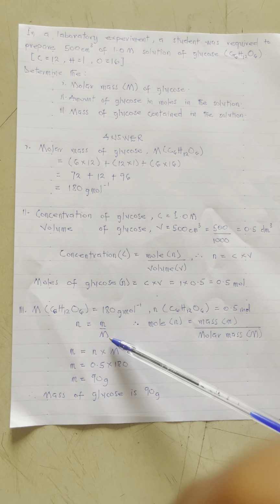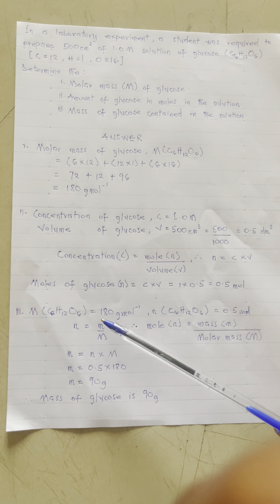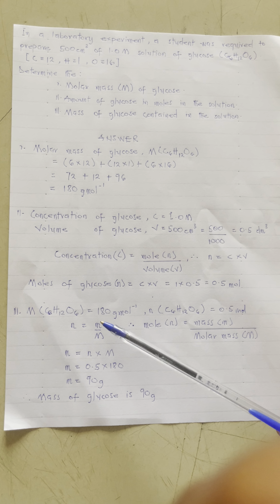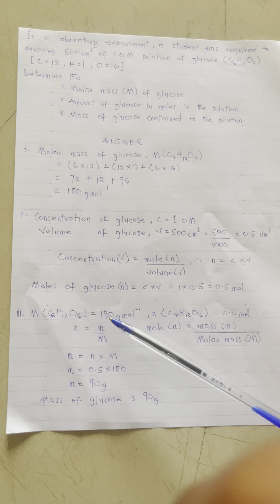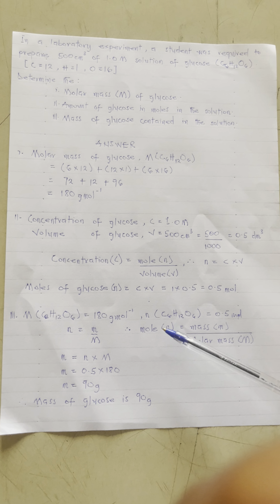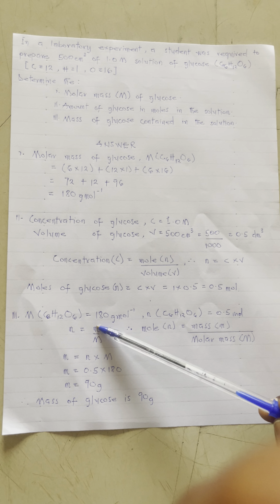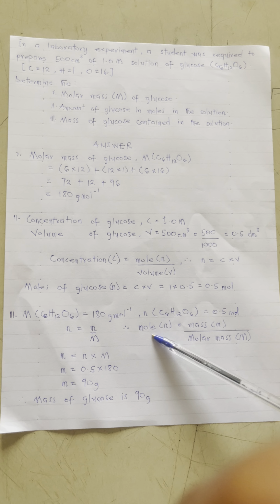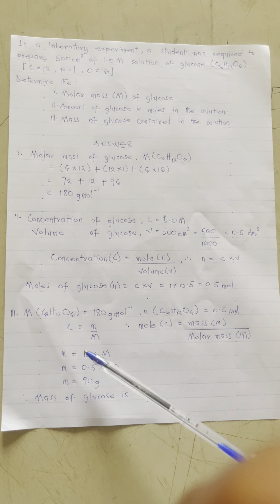And this formula, we can also get it from the definition of molar mass. If they ask you what is molar mass, it is the mass of 1 mole of any substance. So we can say molar mass is equal to mass over mole. Therefore, mole will be equal to mass over molar mass.